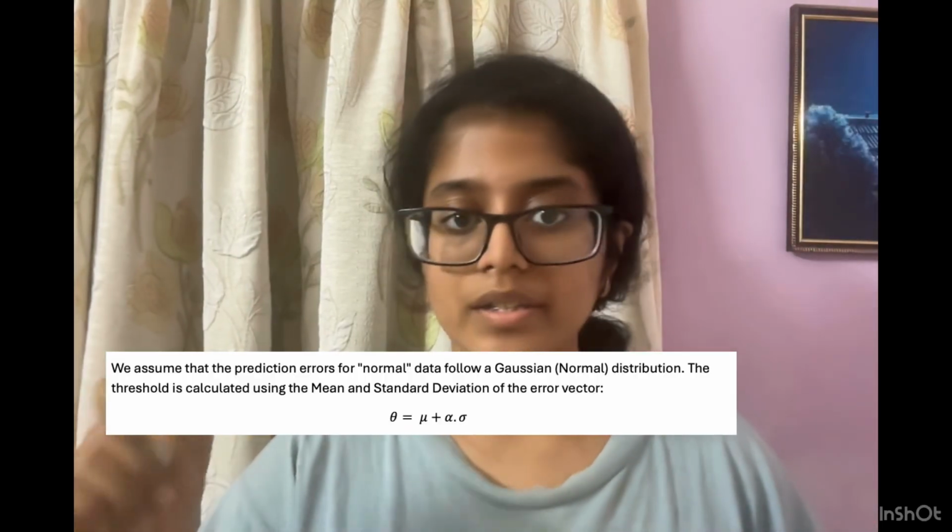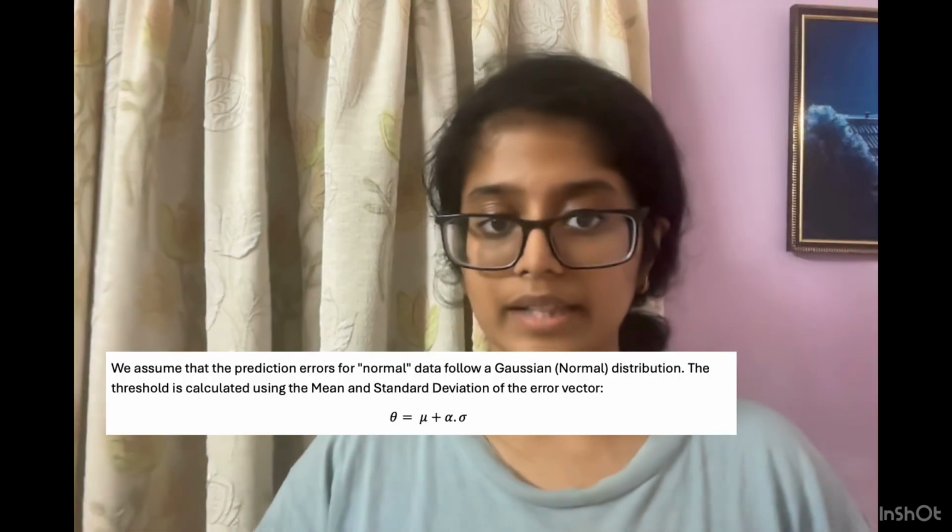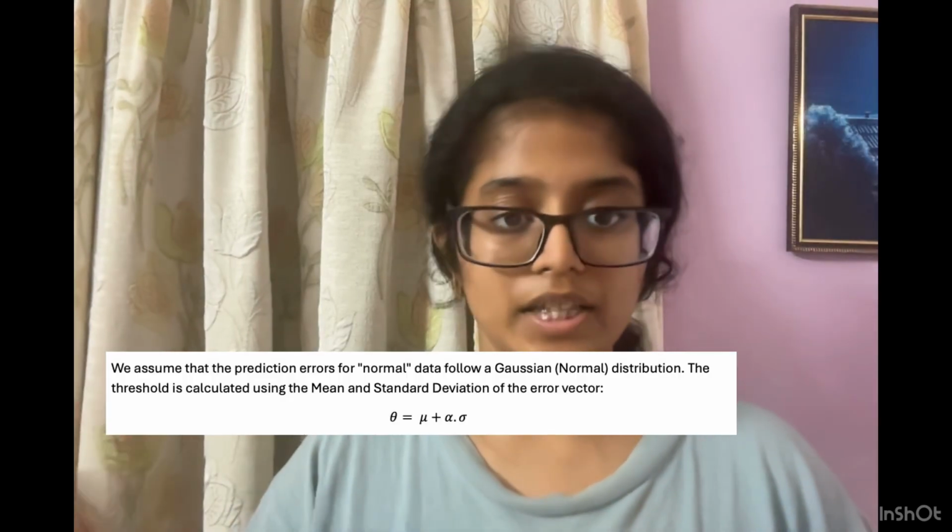In the final stage, we change this continuous anomaly score into a binary decision, and this is done by dynamic thresholding. The mathematical formulation for this dynamic thresholding is done by assuming that the data forms a normal distribution, and theta is equal to mu plus alpha sigma, where alpha is the sensitivity factor, sigma is the standard deviation, and mu is the mean.